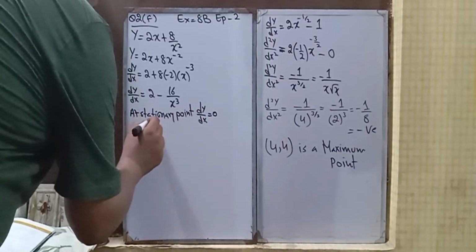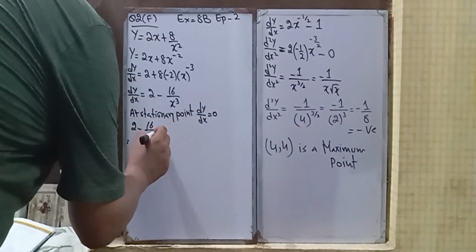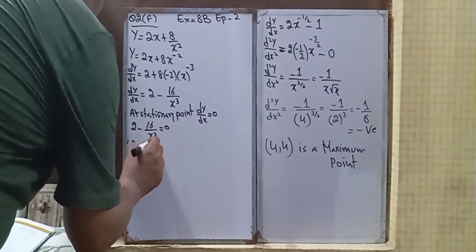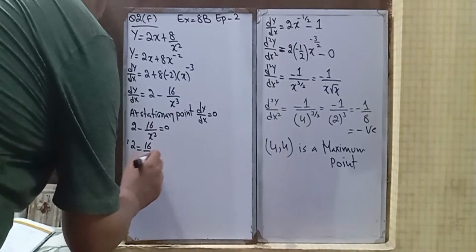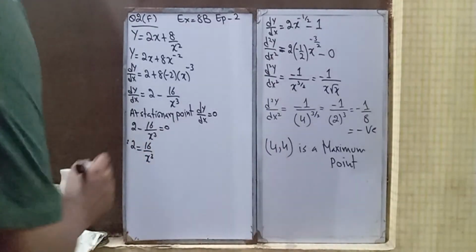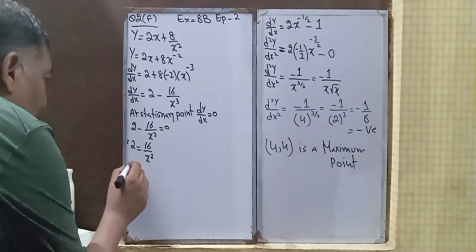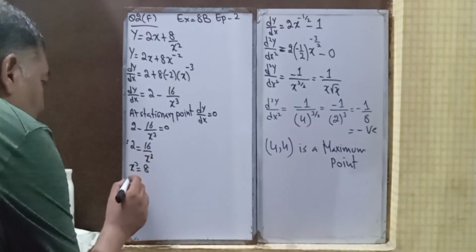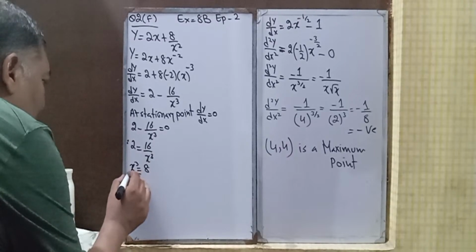So 2 minus 16 divided by x cubed is equal to 0. So 2 will be equal to 16 divided by x cubed. So you will have x cubed equals 8. Take the cube root on both sides.